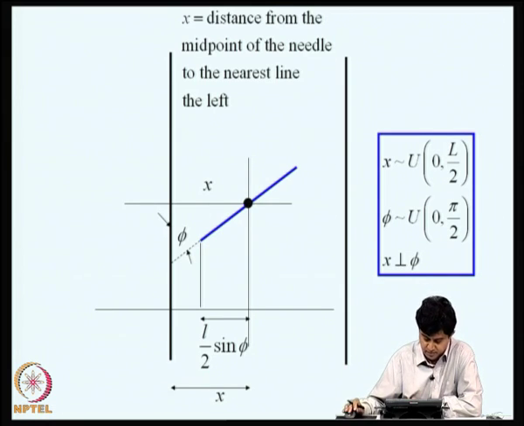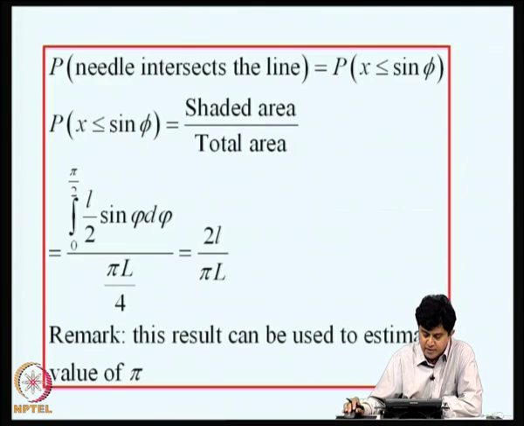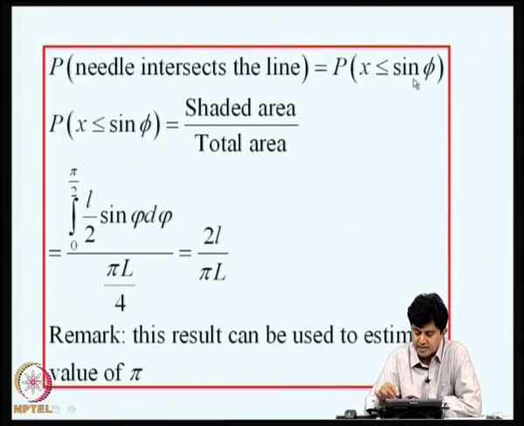Now, what is the event that the needle intersects the line? The needle will intersect the line when x is less than or equal to sin phi.